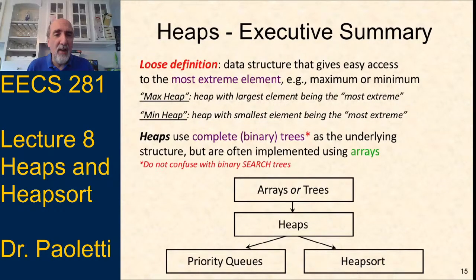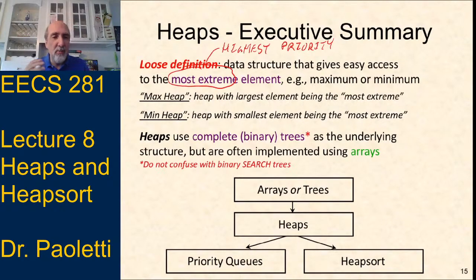Okay, so the basic idea is we want a data structure that gives us access to the most extreme element, the highest priority. So when we say most extreme element, that's the same as saying highest priority.